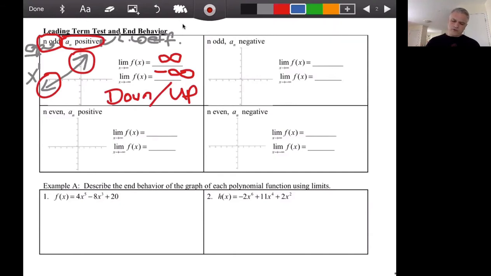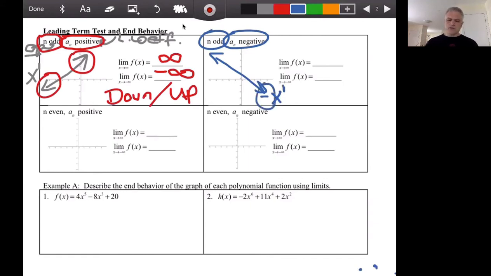If your degree is odd again, but this time you have a negative coefficient in your leading term. So y equals negative x to the first. I understand it should go through the origin, but I'm just looking at end behavior. So this is the direction that negative x to the first would take you. The 1 is odd.